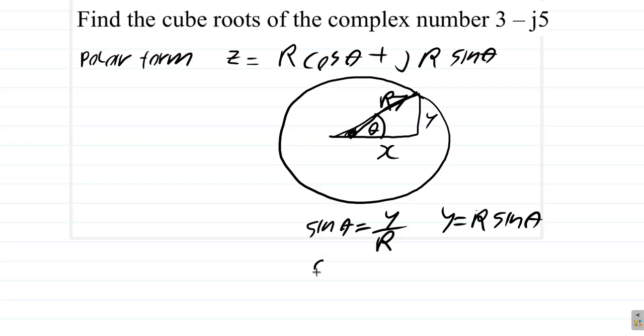Cos theta is adjacent, which is x over hypotenuse r, so x is equal to r cos theta. Now x is the real axis, y is the imaginary axis. So we have the real axis, r cos theta, plus j, the imaginary axis, r sine theta.